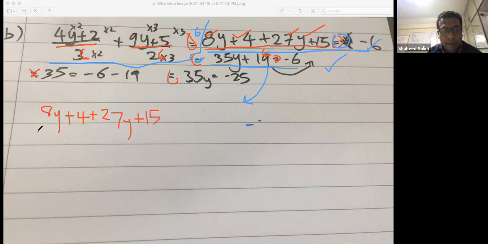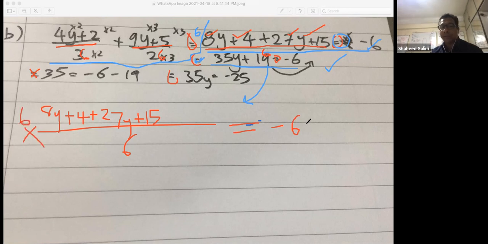So down here you have a 6 on here, and this is equal to negative 6. Look, I have only one equal sign, I'm not confused. Now I want to get rid of this 6. I times 6, then I can times 6 down here. And then you bring this one down here: 35y plus 19.